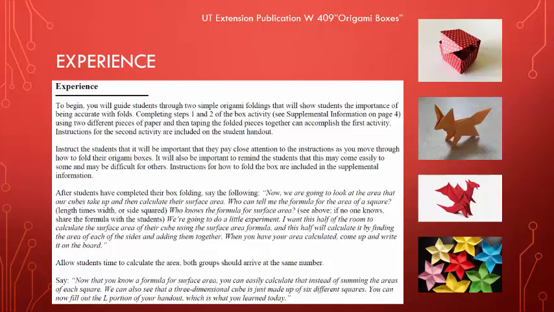Here's the example from the origami boxes lesson, where we give them sheets of origami paper and we walk them through how to fold one, and then we let them create some of their own. Then we teach them about surface area, and through the rest of the lesson we're going to draw these connections between calculating surface area and folding origami shapes.